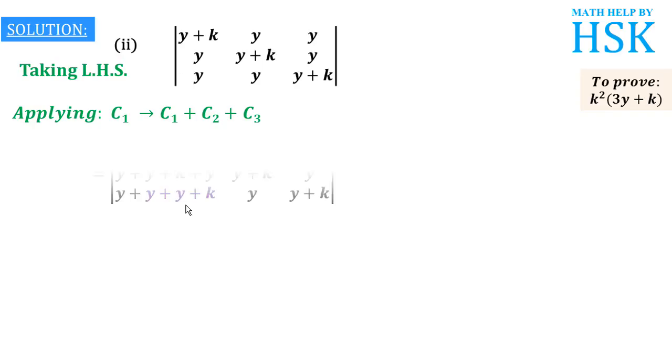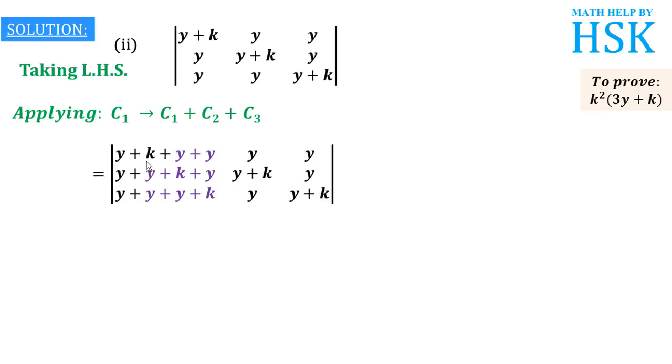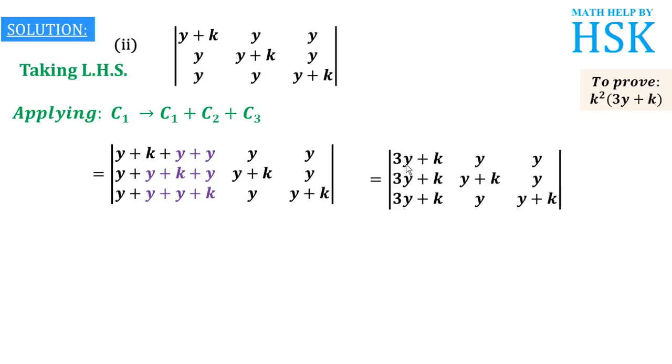So this will be equal to y plus k plus y plus y, y plus k plus y, y plus y plus y plus k, right? So on simplification, I am going to get this as 3y plus k, 3y plus k, 3y plus k, and the remaining determinant as it is.